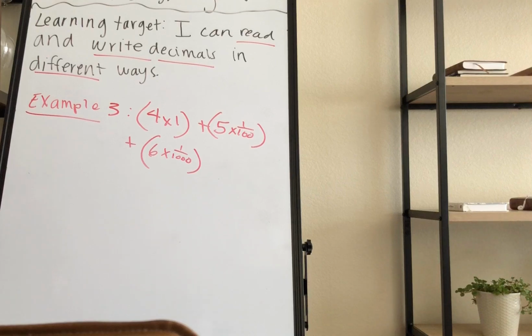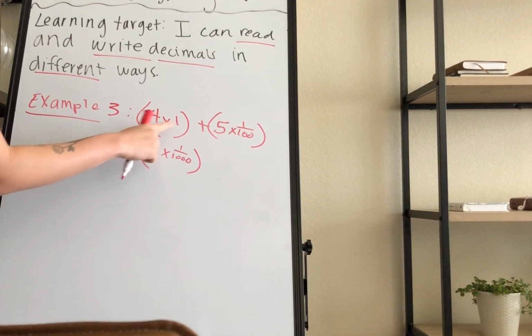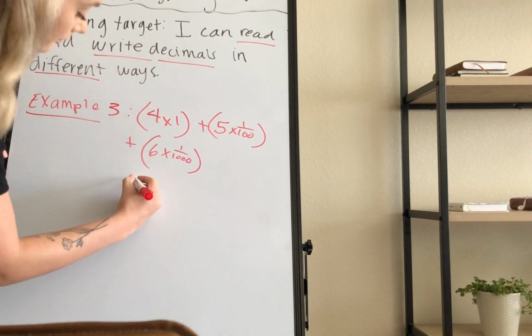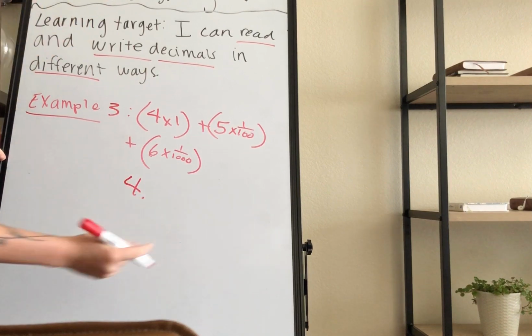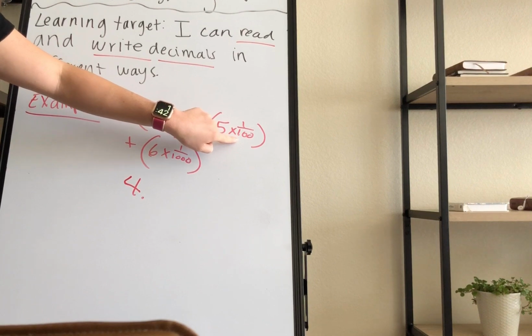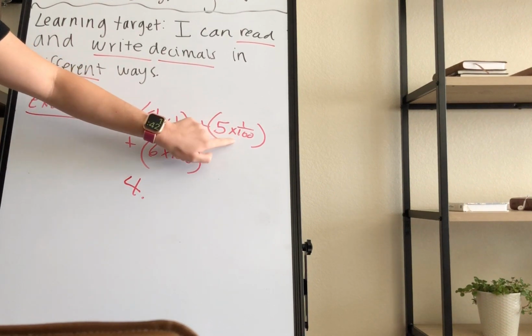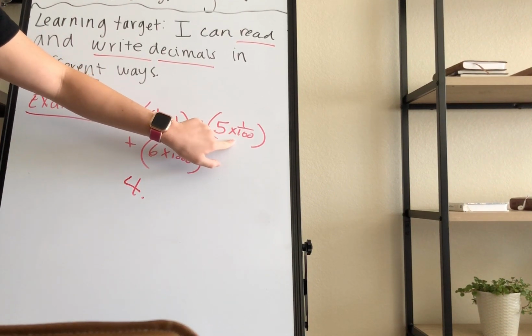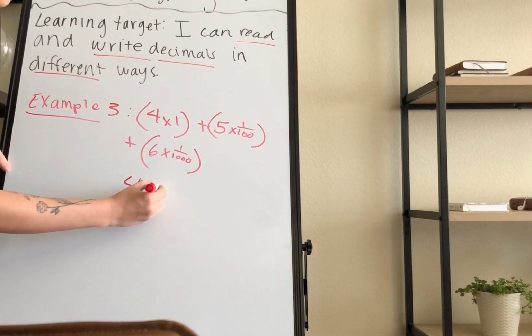Okay, so our whole number is going to be 4. We have our ones place right here and we have our 4. Let's write a 4 right here, decimal. Our fraction over here is 1 over 100. That means we do not have a tenths place. What do we do if we don't have a place value number? We just add a 0.